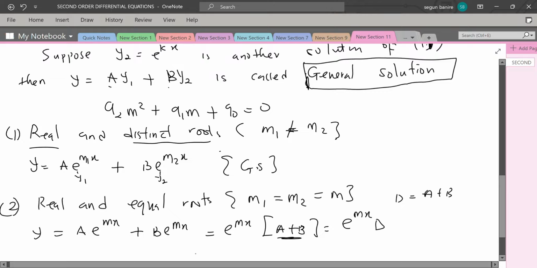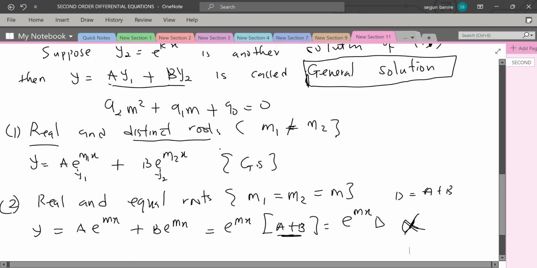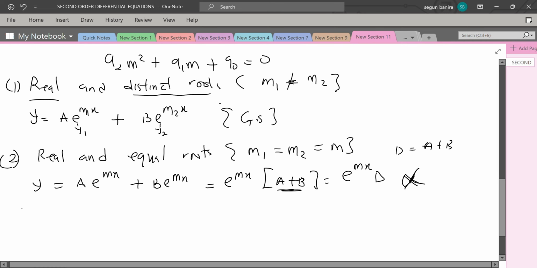So at the end of the day, what we have doesn't follow the general solution structure that says we must have two constants. So this is wrong. We must have two constants that are distinct. Because of that, we now write a plus bx into exponential mx.